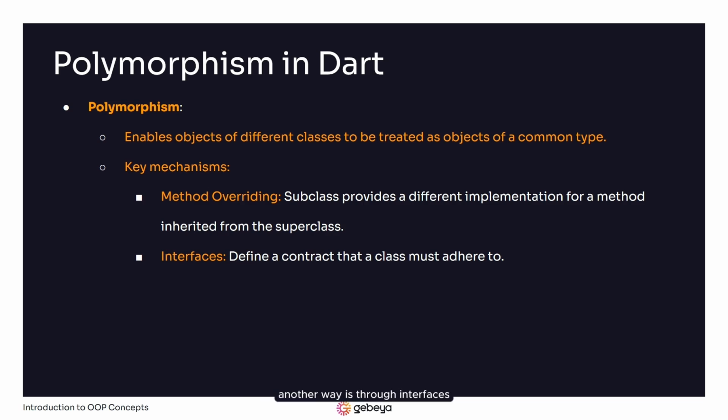Another way is through interfaces, which define a contract that a class must adhere to, ensuring consistent behavior across different classes that implement the same interface. Polymorphism allows you to write more flexible and extensible code, which is crucial when building scalable Flutter apps.